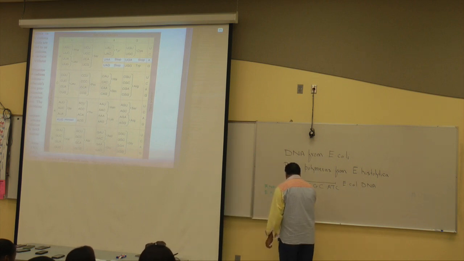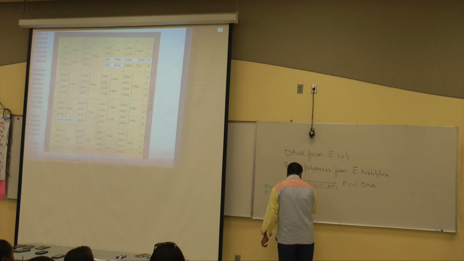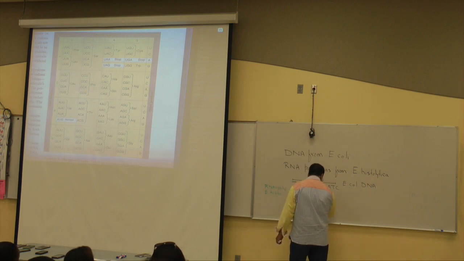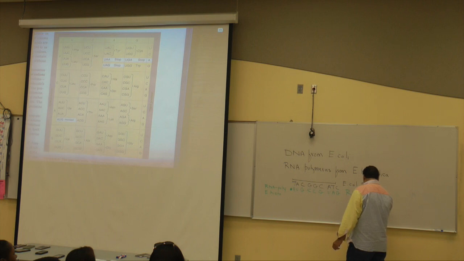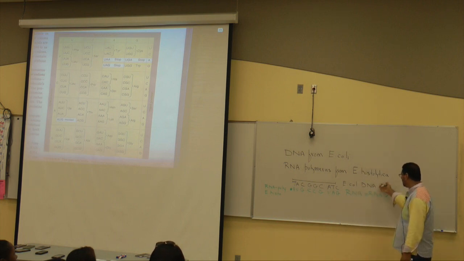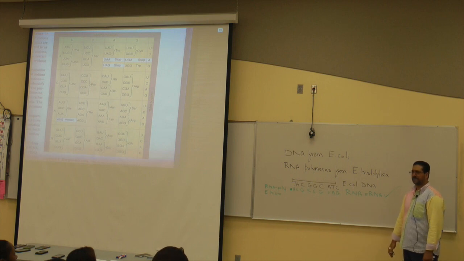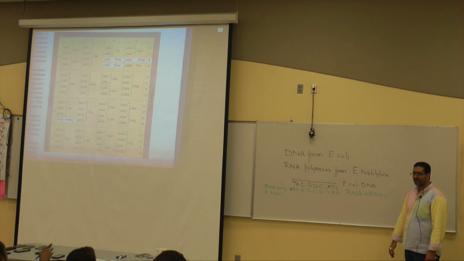So we are going to make A U G C C G U A G. So what did we make? RNA. Whose RNA? E. coli RNA.